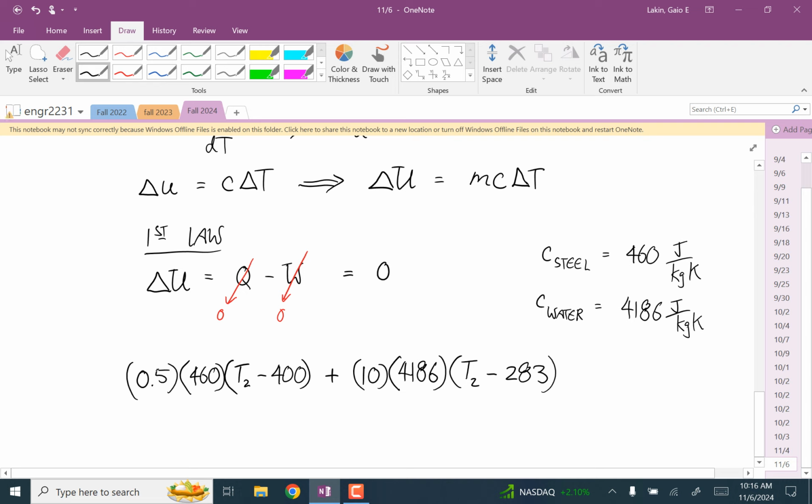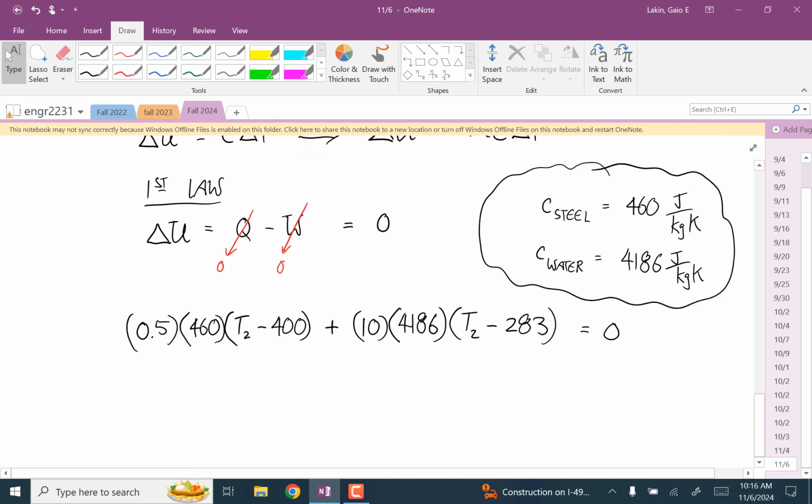And these have to come out to be equal to 0. And so now just solve this for T2, and you get that T2 is equal to 283.6 Kelvin.